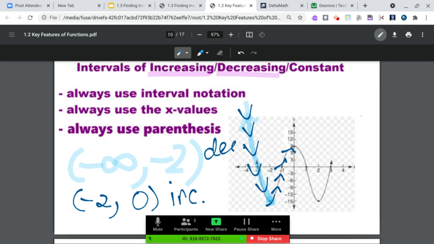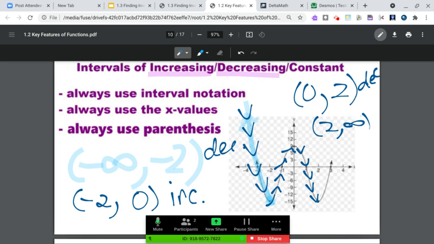From 0 to 2, what are your y values doing? They're decreasing. And then from 2 to infinity, because you're following the x-axis, what are your y values doing? They're increasing. Perfect. So I always say it to my students, you ride the roller coaster. You decrease, increase, decrease, increase. Does that make sense?